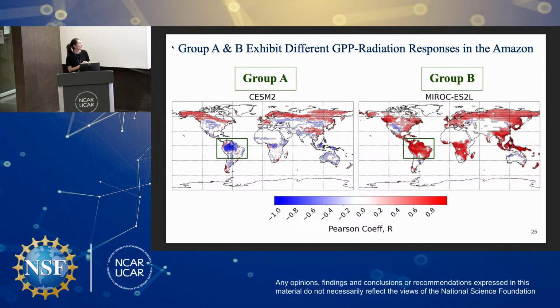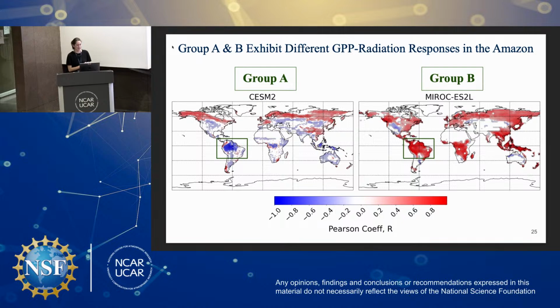Here we're looking at a linear regression of GPP with radiation, with CESM2 on the left, which was pretty representative of the group A models. If you focus on our Amazon basin region, we see a really strong negative correlation between these two factors. So you would expect that an increase in radiation means a depression in GPP.